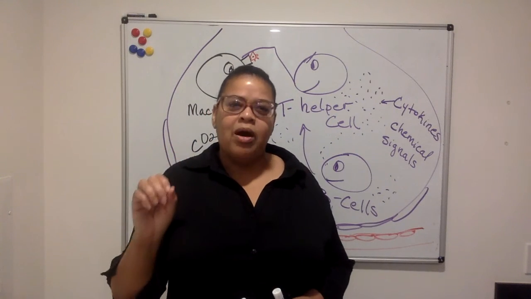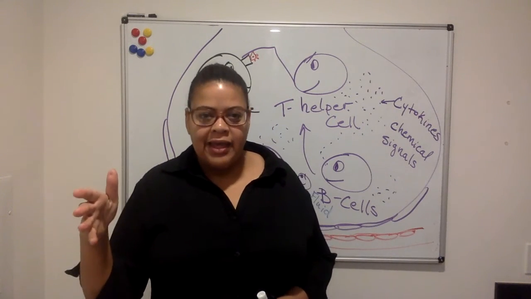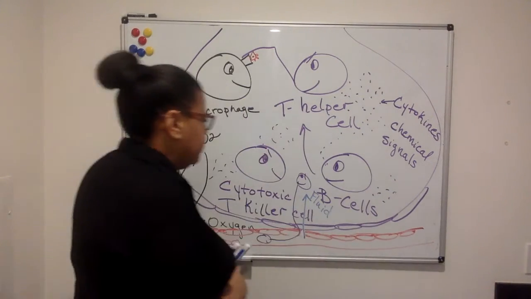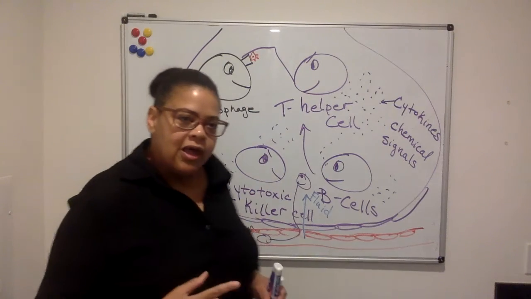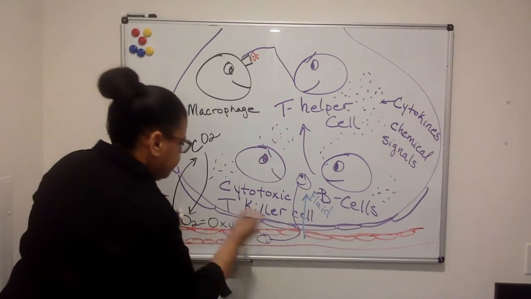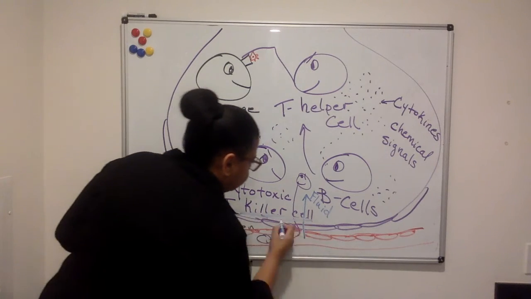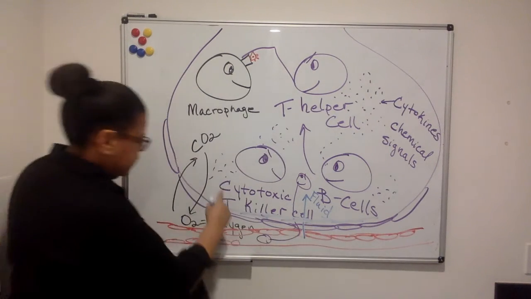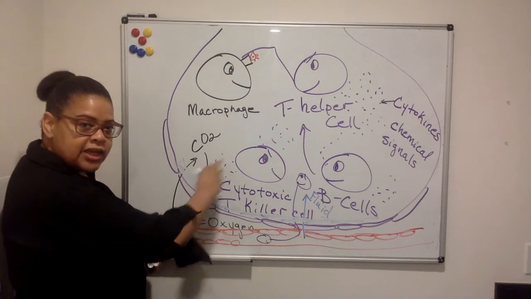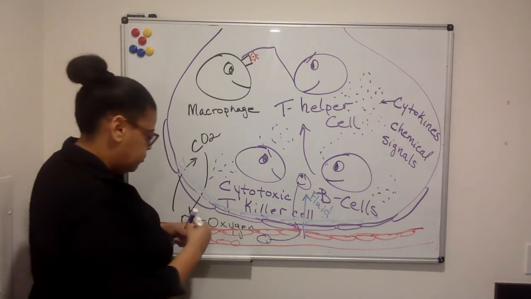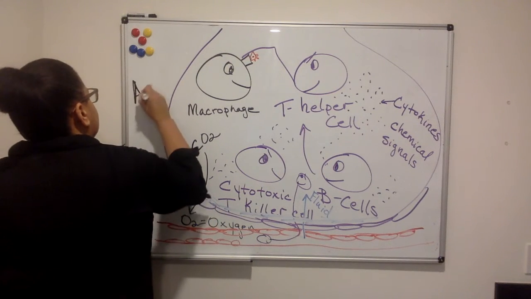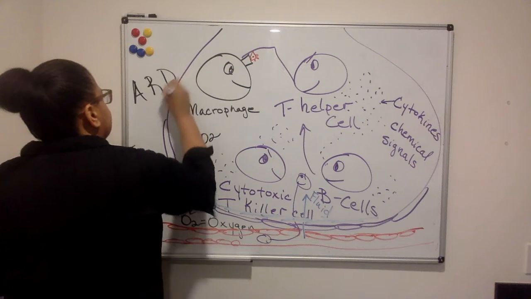And that's the problem when someone has SARS-CoV-2, is this fluid starts to fill the lungs. And if the fluid fills the lung, then it's hard for this gas exchange to happen. And that is called ARDS.